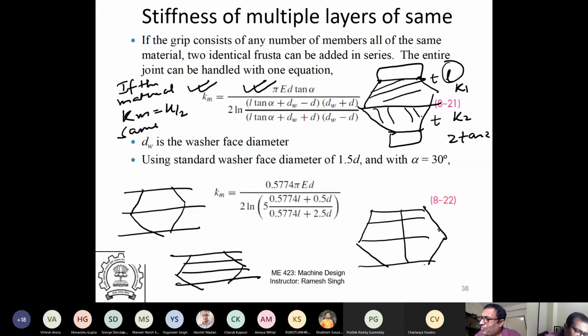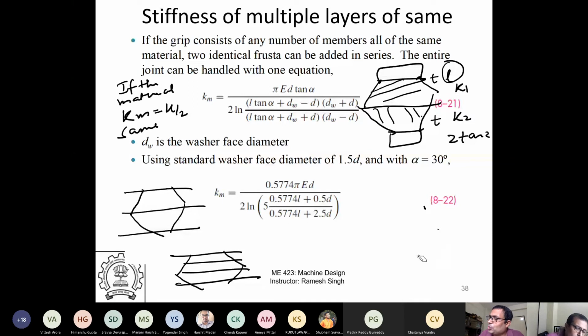So I'm saying that this formulation of Km, which I showed with K1 plus K2, if I assume this is 2 layers, is correct, right? Everybody agrees my 2T, this is 2T tan alpha, right?